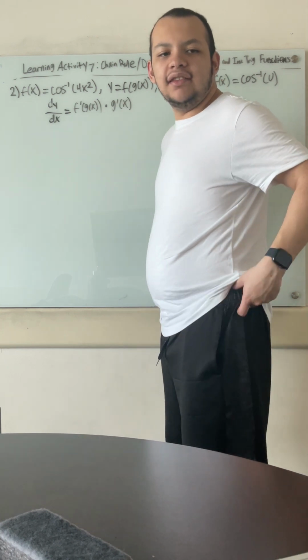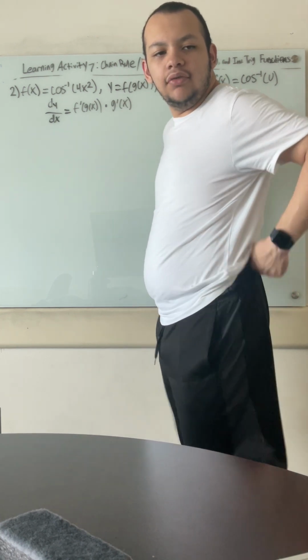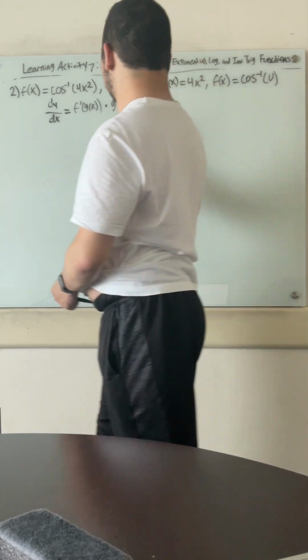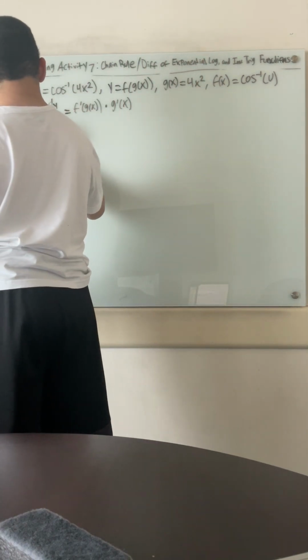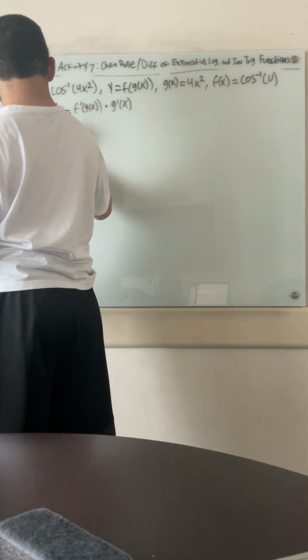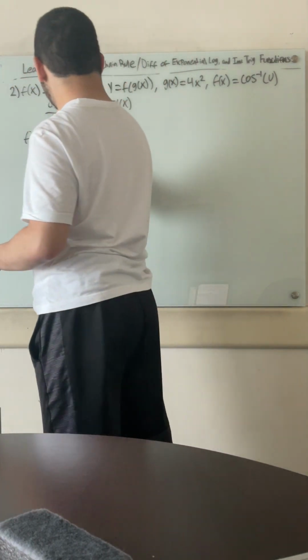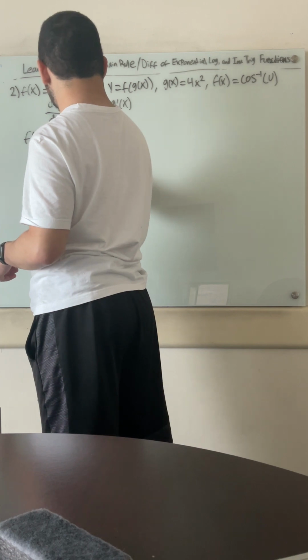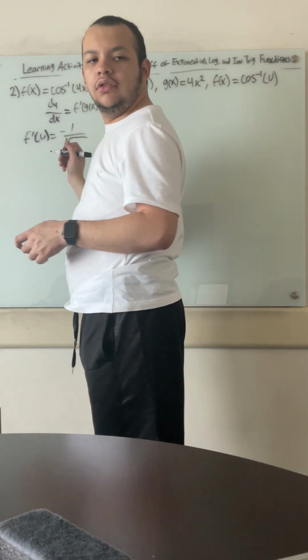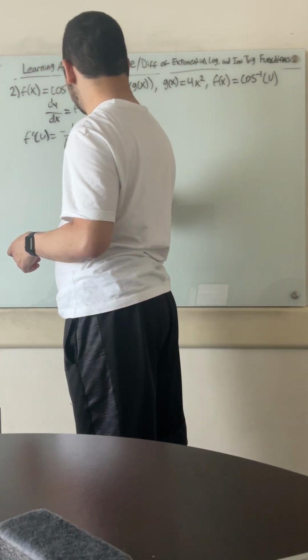So in this case, our f prime of u is going to be equal to -1 over the square root of 1 minus u squared.